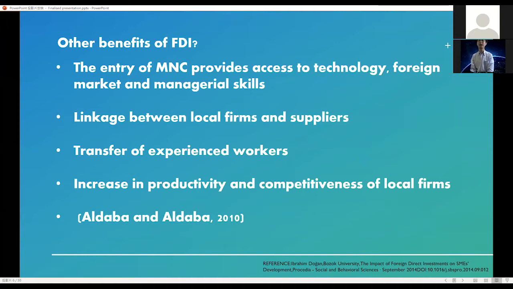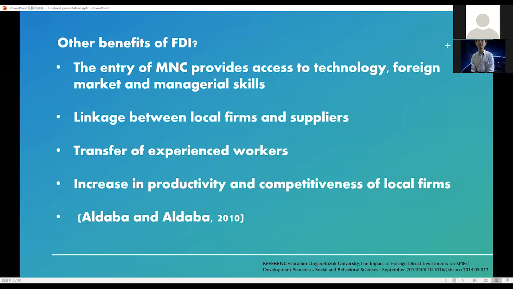And also, because MNCs cannot do all the business on their own, they often rely on local firms and suppliers to help them, and from there a linkage is generated. The entry of MNCs will also require them to hire local workers, and those local workers will eventually become very experienced workers. So there will be an increase in the quality of human resources there.